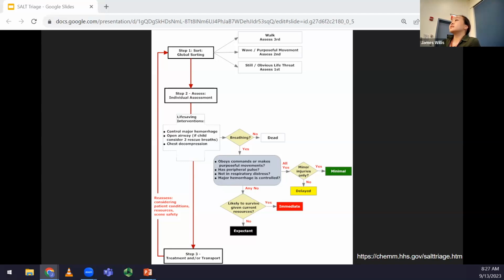Yeah, that's a good question. It's not part of the SALT, but something that would obviously help you discern what resources permit, if your area does not have a burn center or anything that might influence what you tag them. Yeah, but as you can see, it's very subjective. And depending on what resources and hospital resources there are, you can tag them appropriately. Awesome, that's all I have.